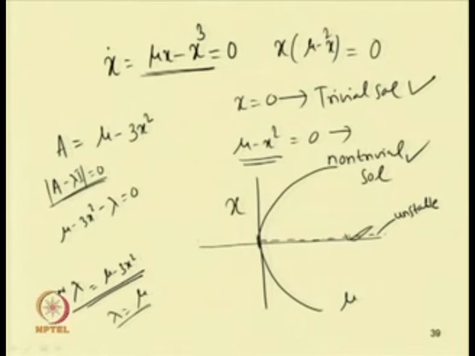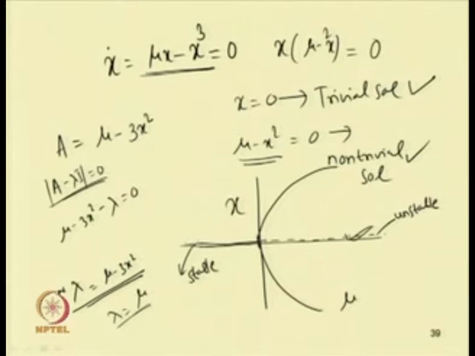and corresponding to mu negative, lambda becomes negative. So, this branch becomes stable. So, I have a stable trivial branch corresponding to a negative eigenvalue. This is the stable branch.